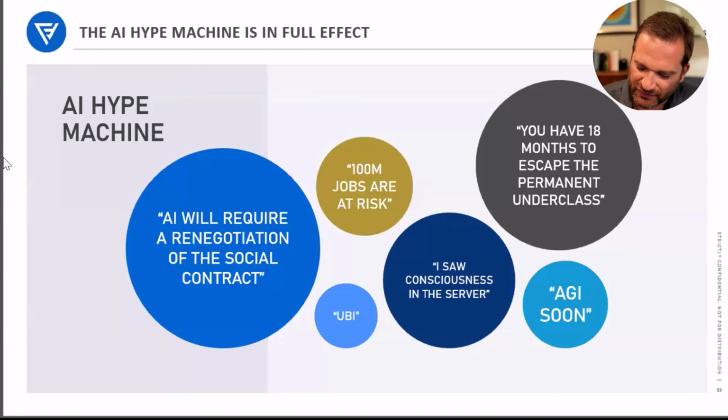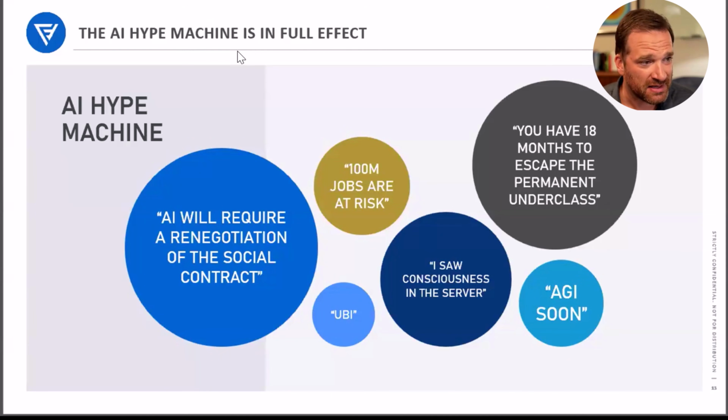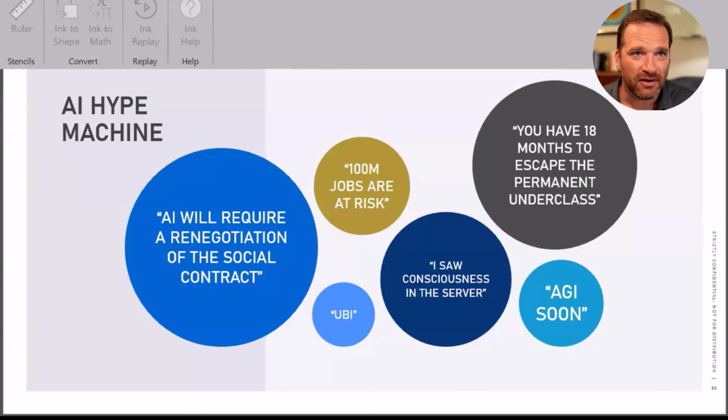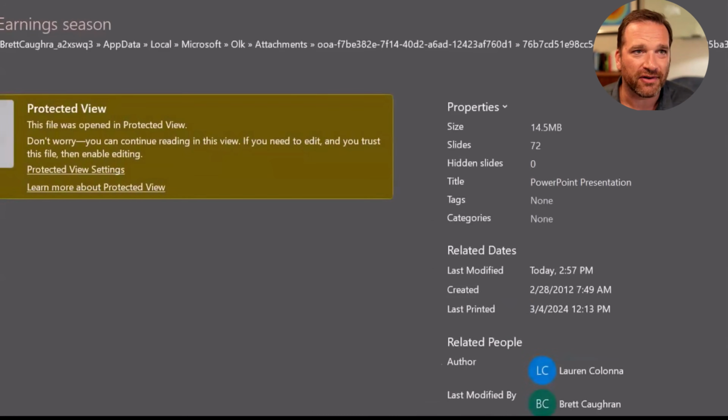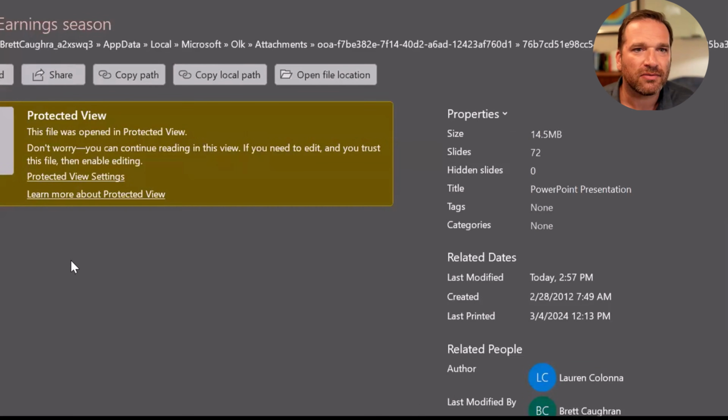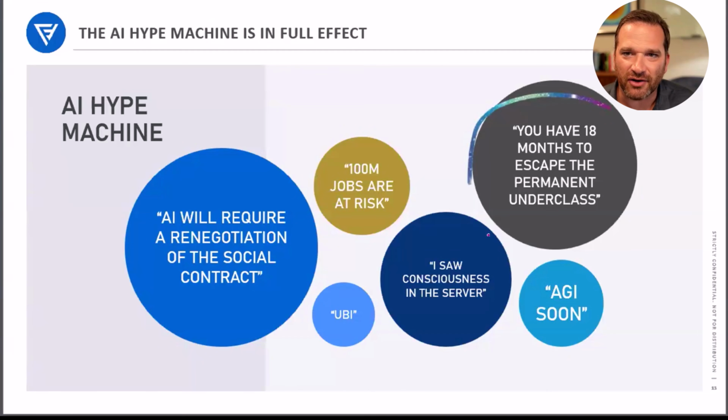All right, so let's frame for a minute just AI at a high level. The AI hype machine is currently in full effect. I sort of have to get off Twitter these days because I wake up in the morning and I open my Twitter and the first thing I see is a tweet: "You have 18 months to escape the permanent underclass," and I get really nervous and I get really motivated.